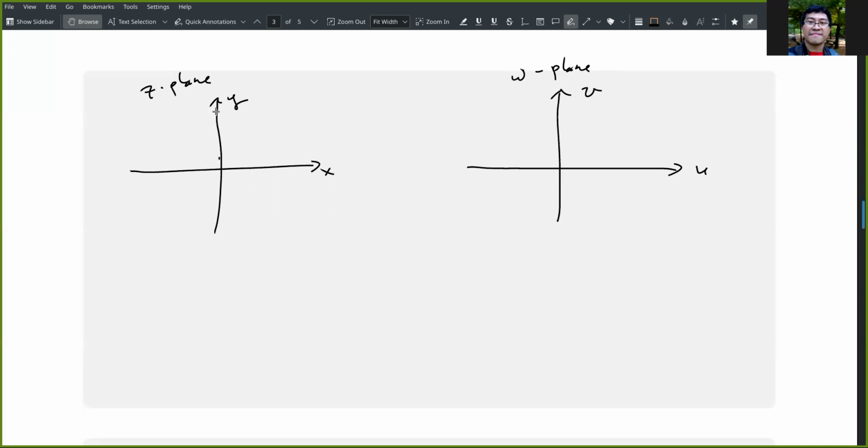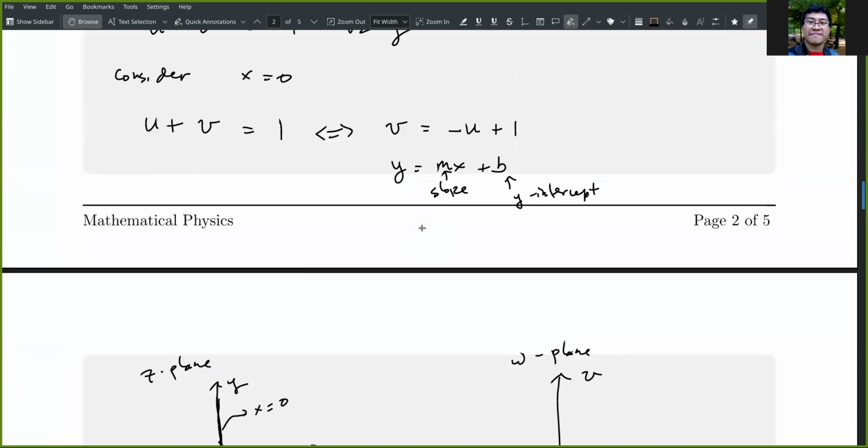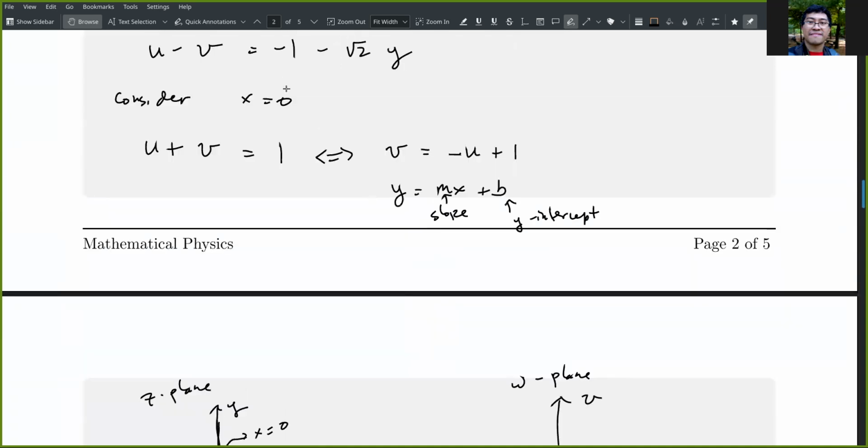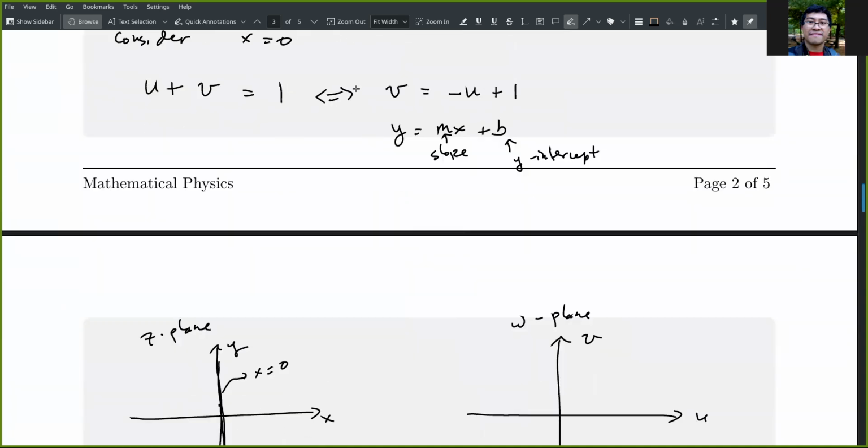So that's this line here, or whatever this line is, so it's just the y-axis. That would be x equals 0. And x equals 0 on the w plane is this line. It passes through v equals 1.